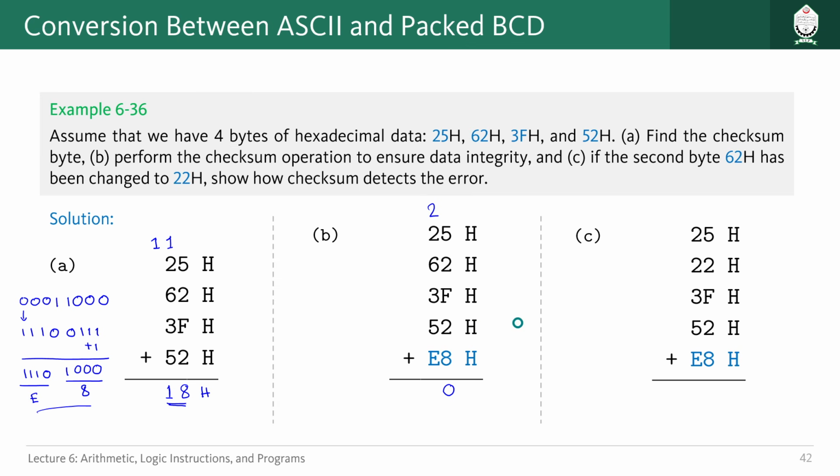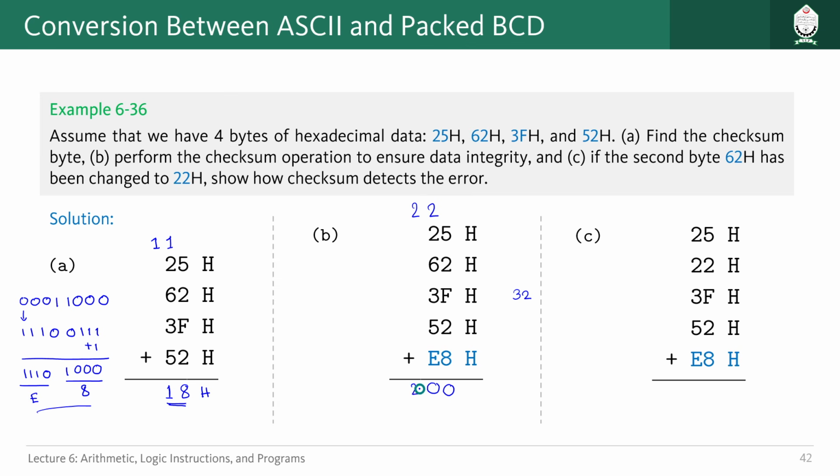So we have to remove that. Now we are going to add all the values here. Again, 2 plus 2 plus 6 plus 3 plus 5 plus E, which is 14. If you add all of these values, again you are going to get 32, and 32 again is twice of 16, so we have to discard 32 from here and keep the 0, and the 2 will come as the carry here.